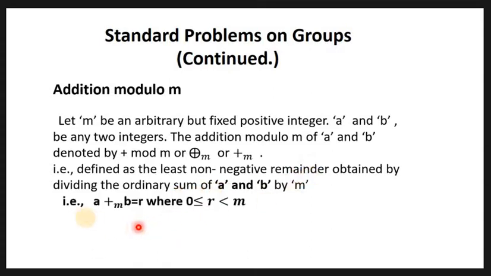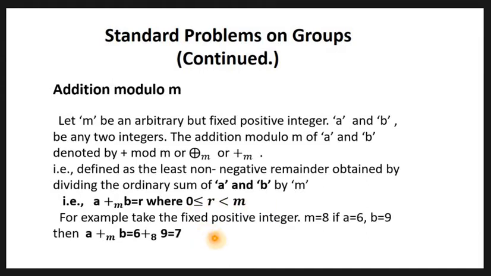So that is denoted by a plus mod m b is equal to r, where r is the remainder which is lying between 0 and m. This tells us that r is always greater than or equal to 0 and less than m.